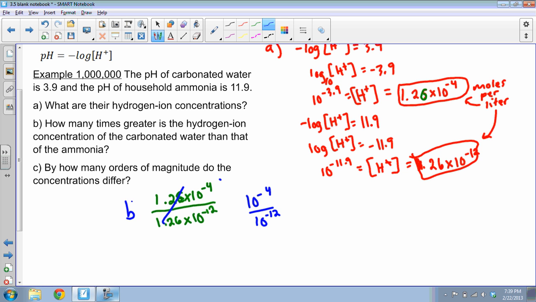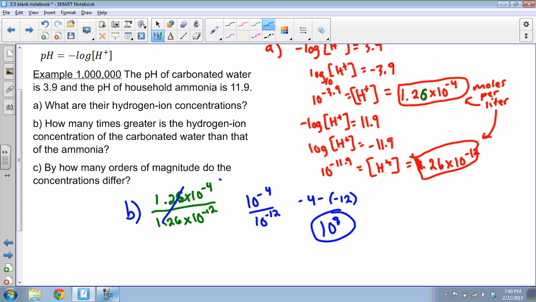which we can actually figure out what that is without our calculator if we want to, because we subtract exponents to combine things. When one's on top, one's on bottom, so that's negative 4 plus 12, which is 8, 10 to the 8. And so that's how many times greater the hydrogen ion concentration of the carbonated water is than that of the ammonia is.